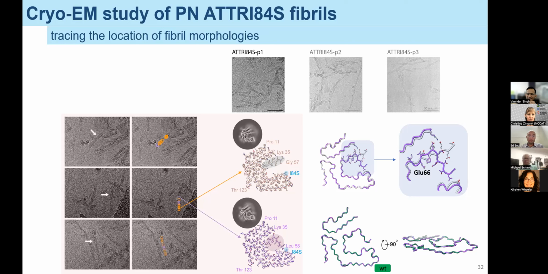But definitely there could be fibrils where only mutant is present. There could be fibrils where the multiple layers we are seeing come from only wild type. And there will be fibrils which have layers alternating between wild type and mutant.